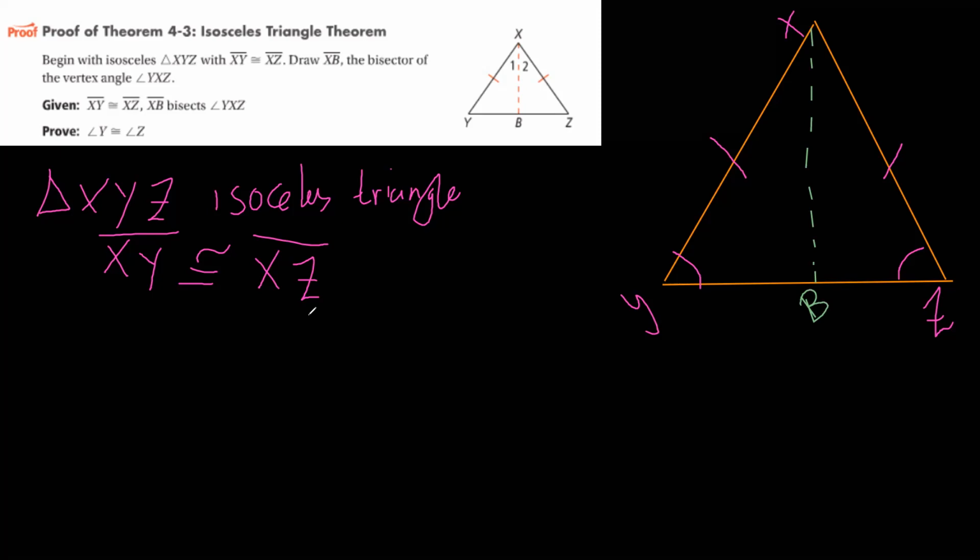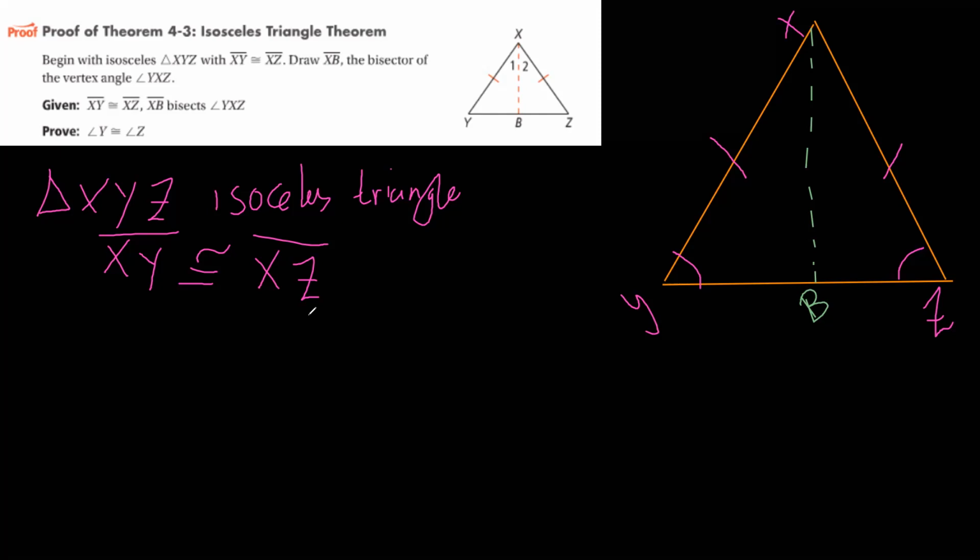So I now have this triangle. I draw a bisector from X to B. So XB is a bisector of the side YZ and also bisects the angle YXZ.